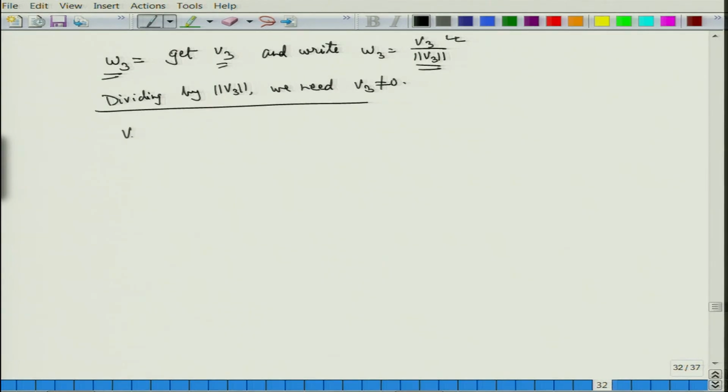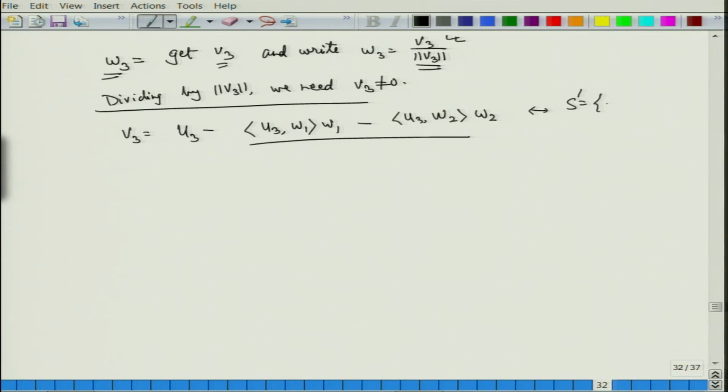So, let me define V3 as U3 minus, from U3 remove the component corresponding to W1, all right, and remove the component corresponding to W2. All right. So, what I have done basically here is I have got another set S prime, which is W1, W2. This is an orthonormal set.